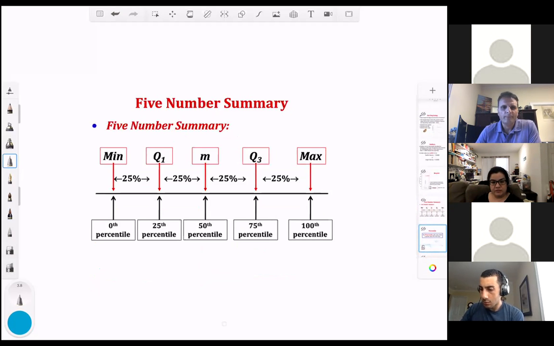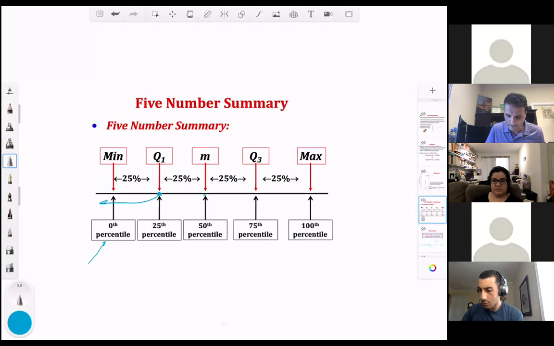So now we have minimum, maximum, Q1, M, and Q3. So now we have percentiles. Here is the 0 percentile. This is the 25th percentile. That means if you are here, you're above 25% of everybody.